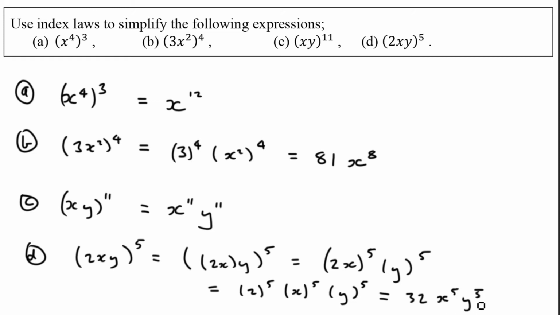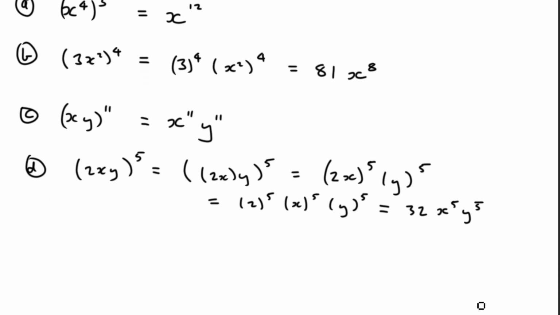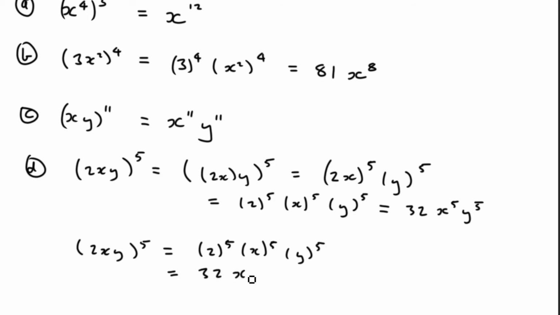But you may have noticed that we could have got this directly if we had started with (2xy) to the 5, and just immediately split that into 3 pieces, 2 to the 5, x to the 5, y to the 5. We could have immediately gone to our 32, x to the 5, y to the 5.